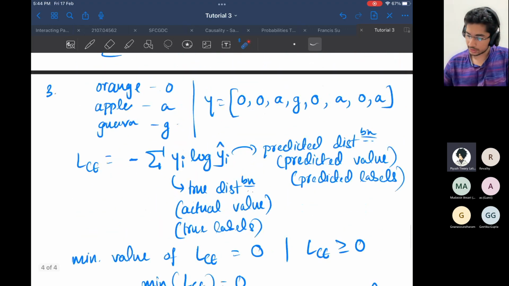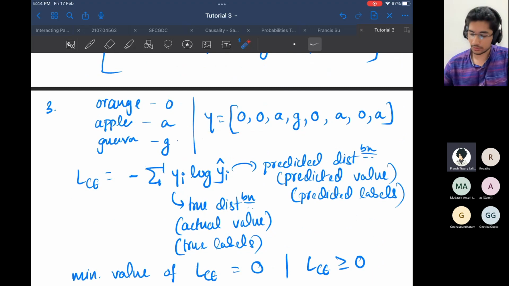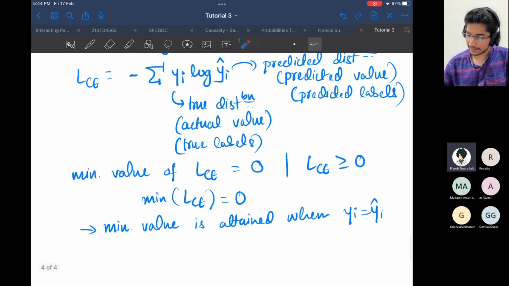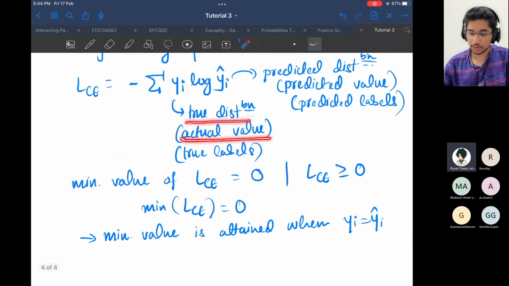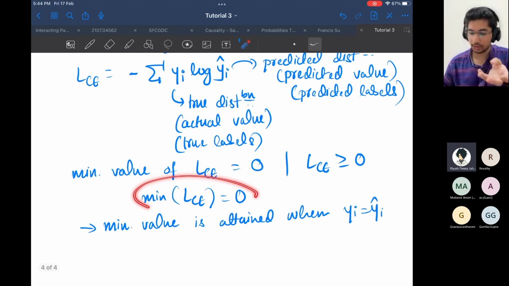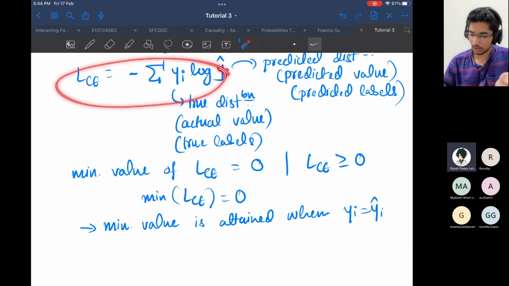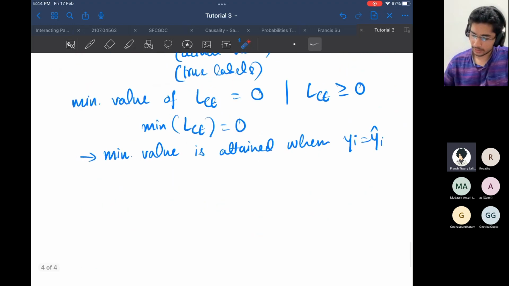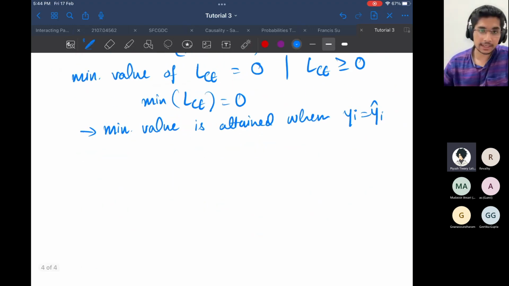So now we know that for this y, if I am able to find its actual value or the true distribution, that will be the distribution which will give me the minimum value of the cross entropy loss, which is nothing but 0. So when will that happen?